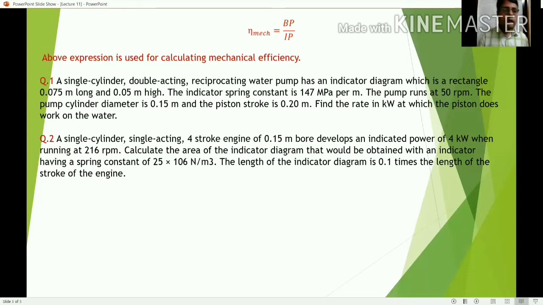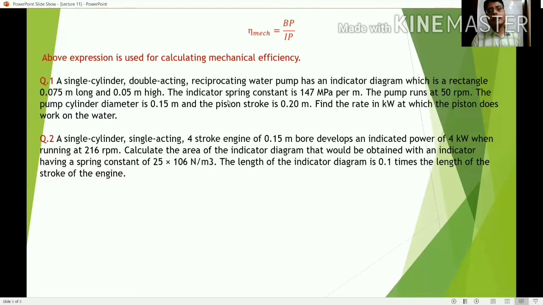So right now we will discuss some problems related to this topic, that is the indicating diagram. The first question is: a single cylinder double acting reciprocating water pump has an indicating diagram which is rectangular, 0.75 meter long and 0.05 meter high.